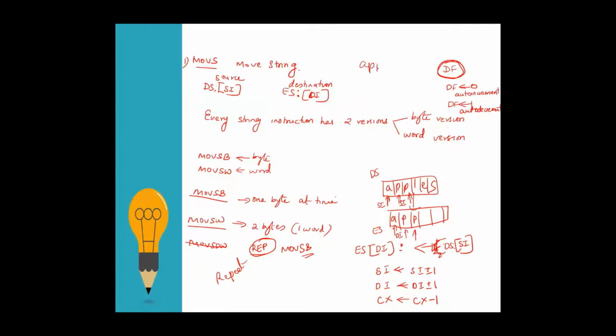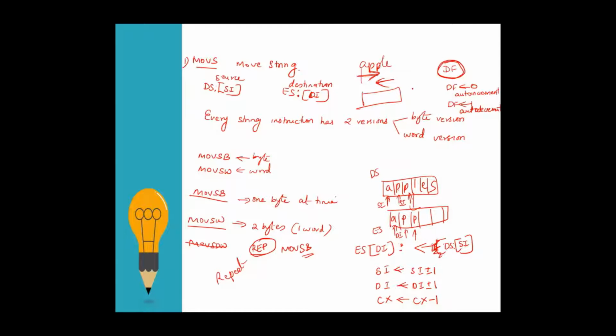If I want to copy apple, I can proceed in this direction and copy, or I can proceed in this direction in the auto decrement address manner and copy. The operation that I'm doing is copying only.